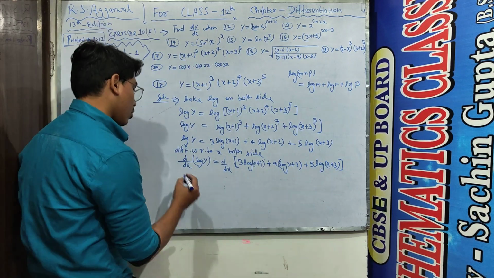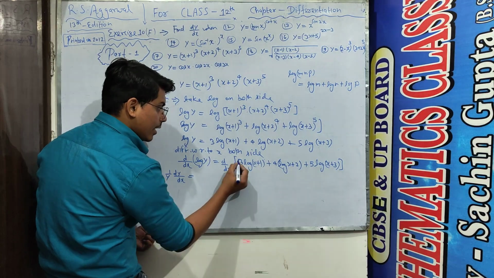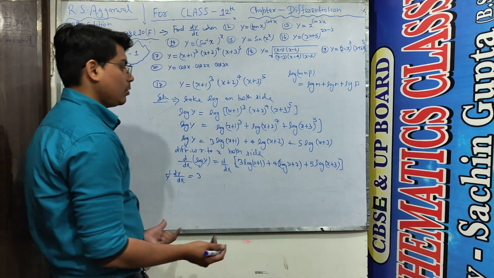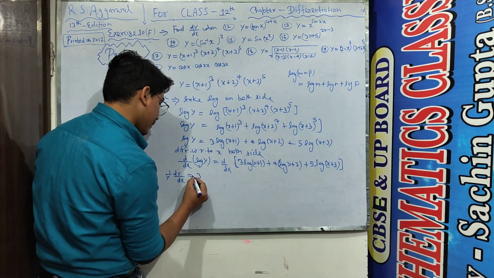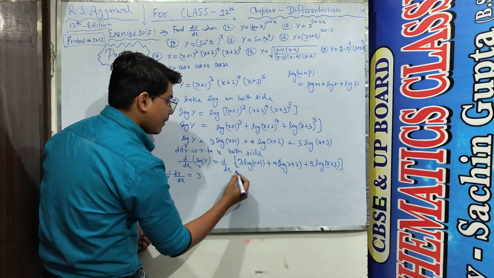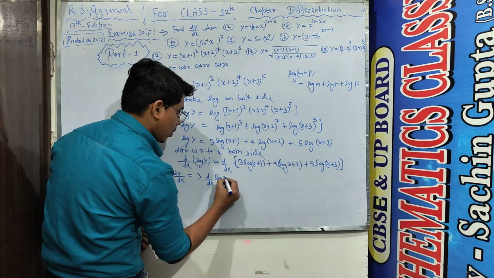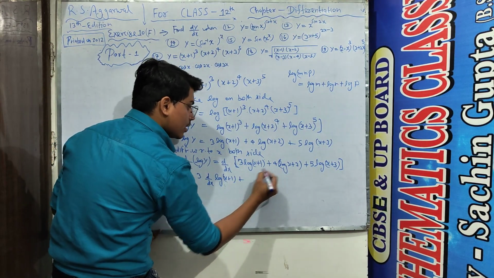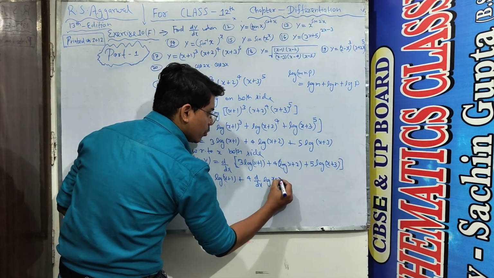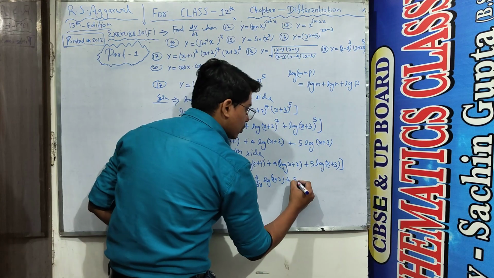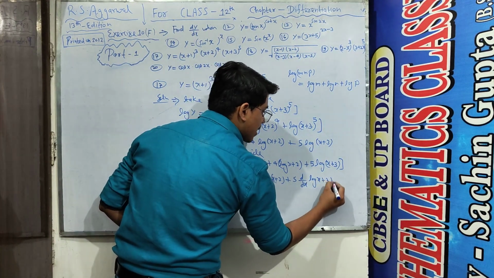Now, student, the differential of log y is 1 upon y, dy by dx, and 3 is a constant term, so I take it before the differentiation of log (x plus 1). Firstly I write d by dx of log (x plus 1), and this 4 I take outside of the differential of log (x plus 2), student, and this 5 I also take outside of the differential of log (x plus 3).